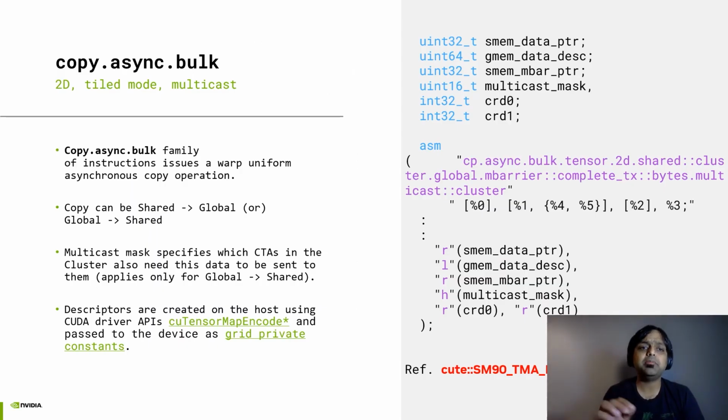Here we see a sample PTX for a copy bulk async instruction operating on a 2D tensor performing multicasting. As we can see, the inputs are the shared memory pointer, the descriptor pointer, and also instructions on how to multicast it via the multicast mask, coordinates, and the barrier pointer.